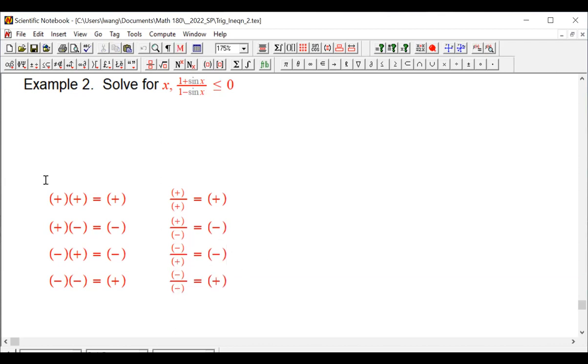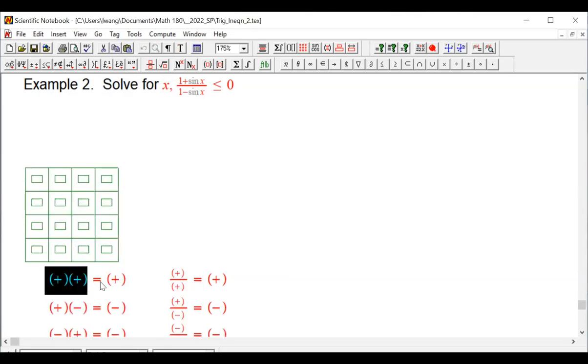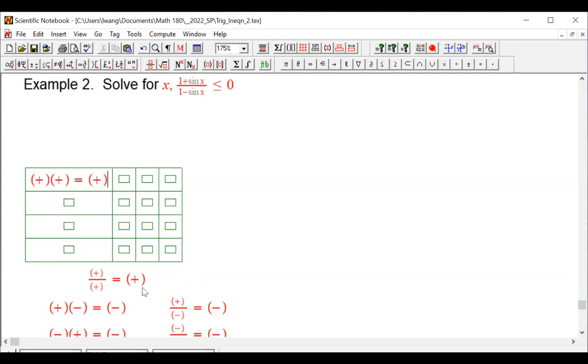So these 4 cases. Let me make a kind of a table, so that we can move them about easily.